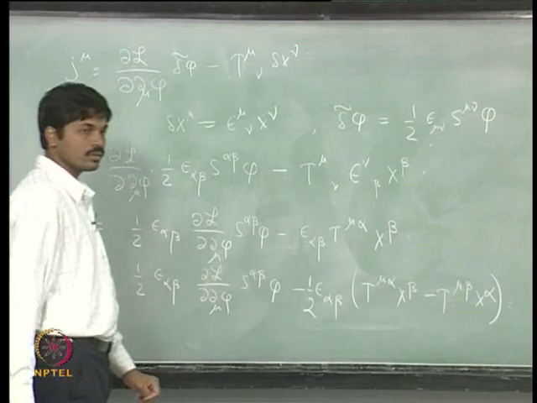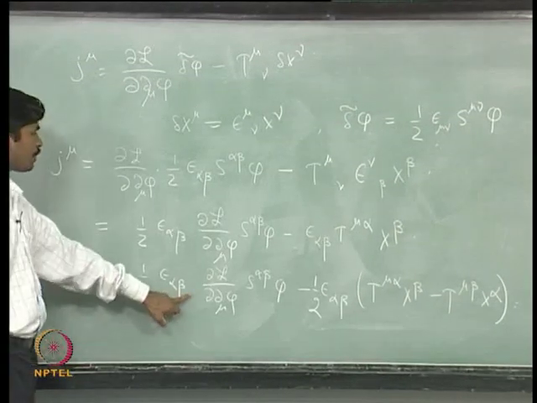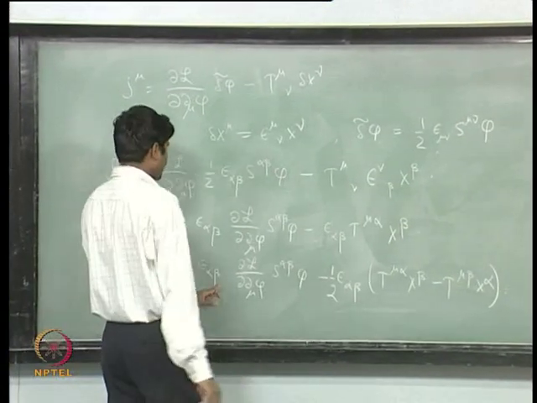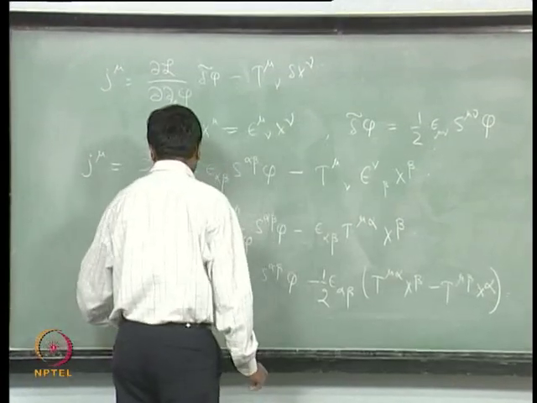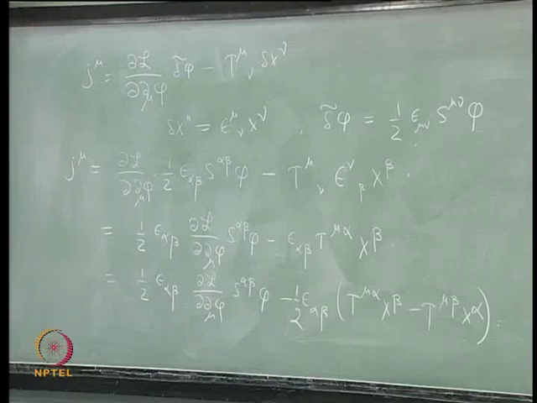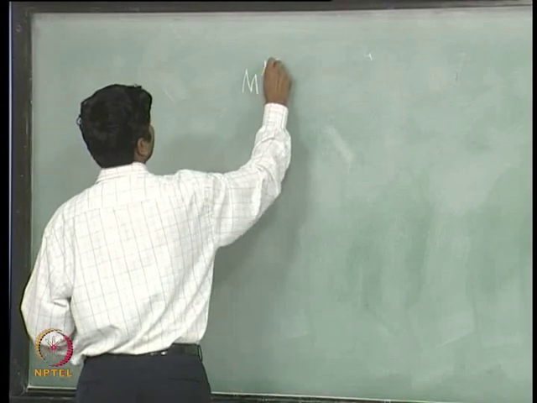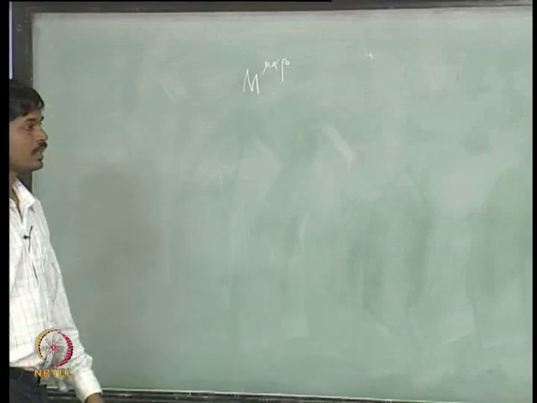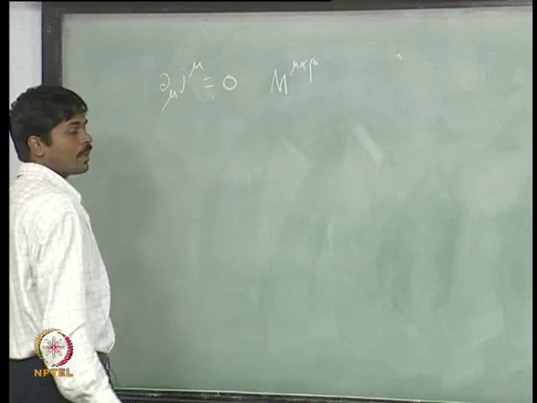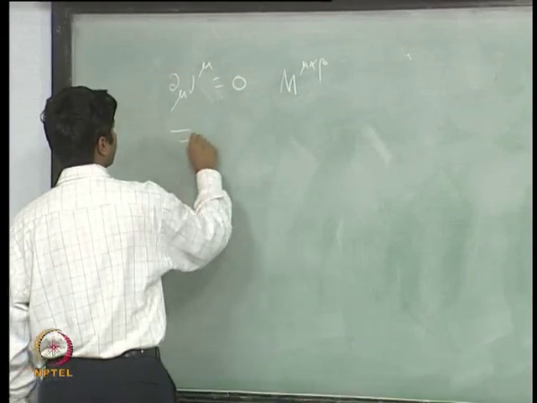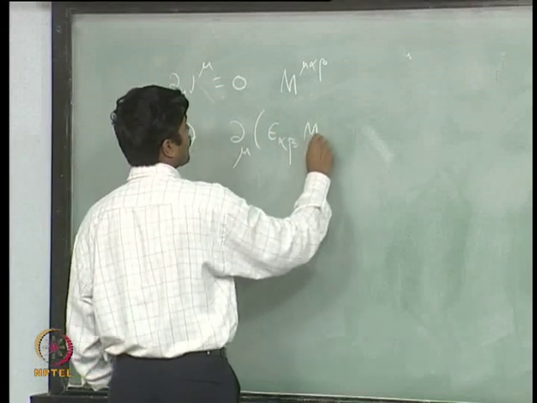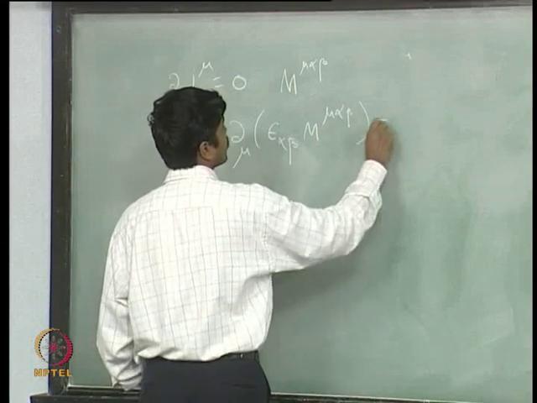Now, since epsilon alpha beta are arbitrary infinitesimal quantities, what we get is actually a conserved quantity which I can denote as M mu alpha beta, and del mu j mu equal to 0 implies del mu of epsilon alpha beta M mu alpha beta equal to 0.